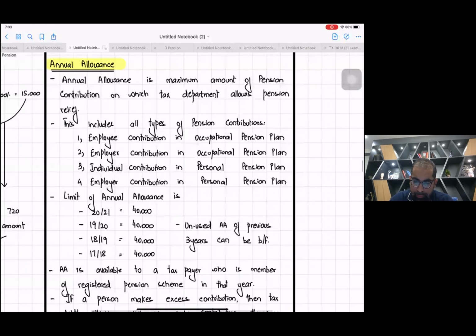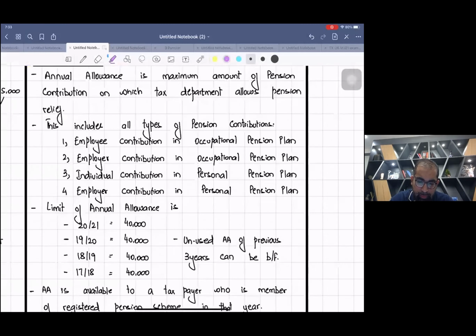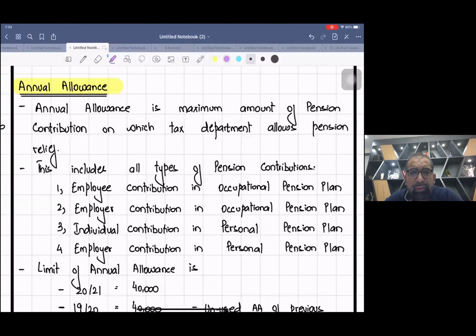Now, one more thing. I'm sure you are aware of this technical issue. Tax department gives a lot of relief for pension, but there is a limit for all these reliefs.